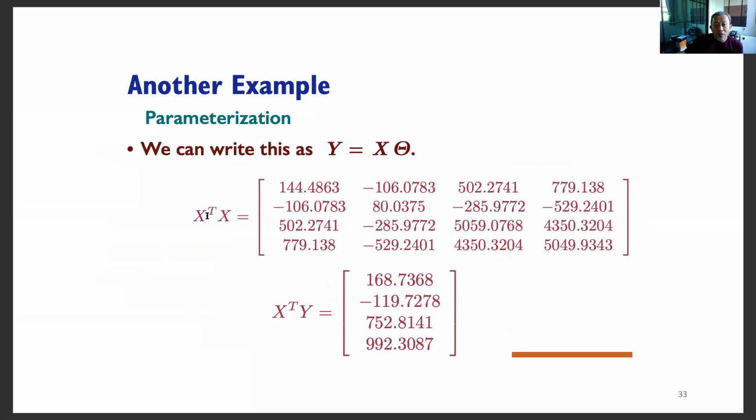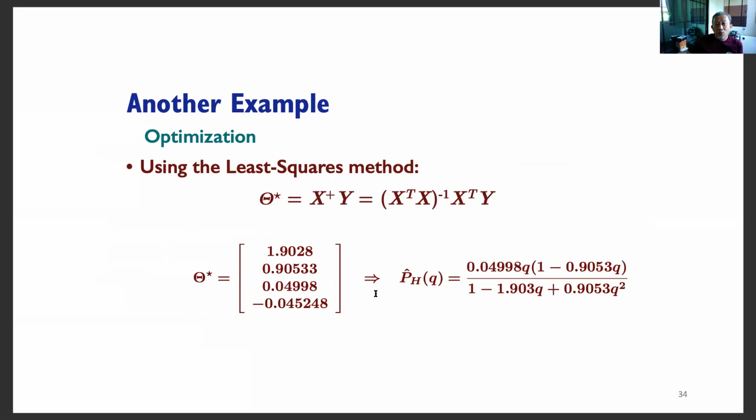Then we find the x transpose, meaning interchange between the rows and columns, which I will show you in the next examples. Then we multiply x transpose and y, and use the least square estimation. So we will get theta as 1.9, 0.9, 0.0, and minus 0.04.